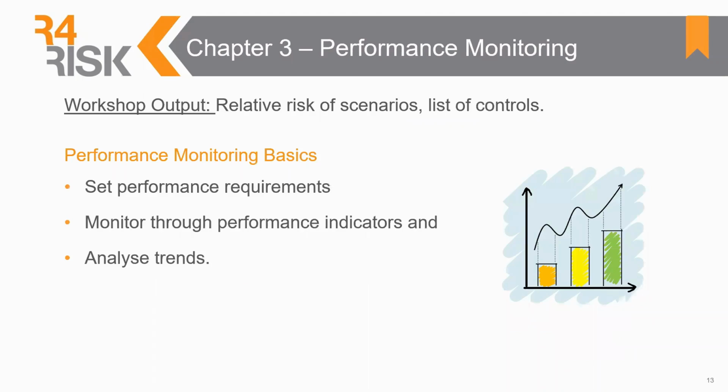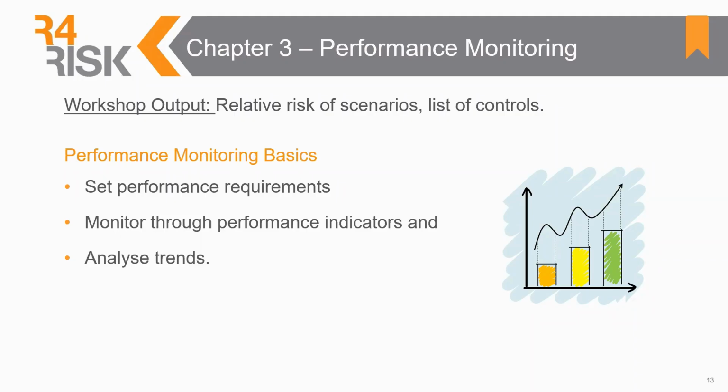So, speaking of performance management, after our bow ties, we should have the relative risk of all scenarios as well as our list of controls. But do we actually know the health of these scenarios? So will our loss of control event occur tomorrow? Is it going to occur next year? In order to know this, or to estimate this, we need to set performance requirements and set up a performance monitoring program.